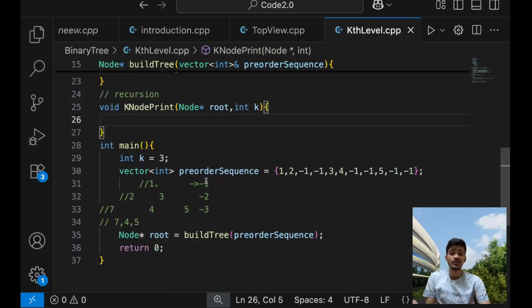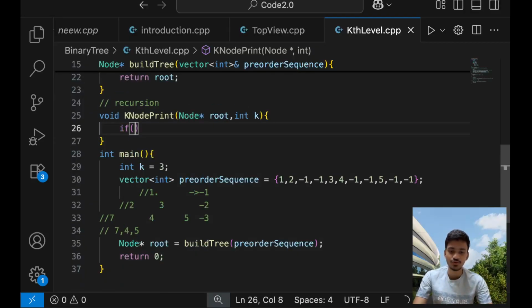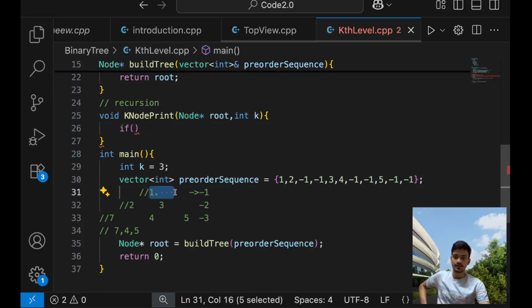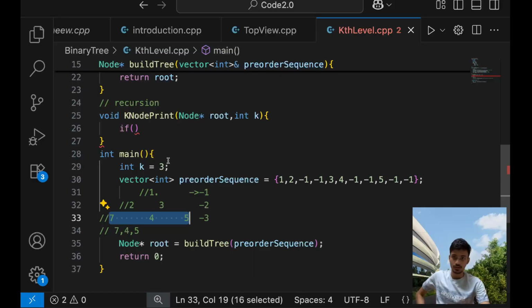Okay, let us break it into a simpler problem. See, we'll be starting like the k is 3. Okay, k is 3. 3 minus 1 is 2 and minus 1 is 1.